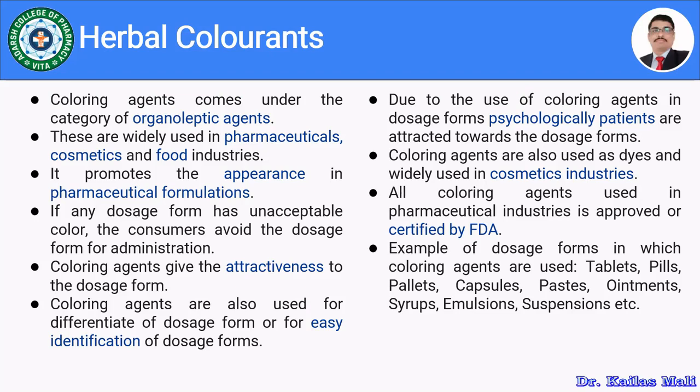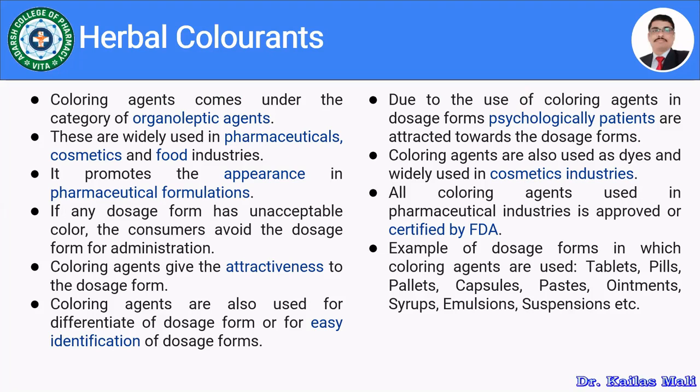These coloring agents are widely used in pharmaceuticals, cosmetics, as well as in the food industries. They promote the appearance of the dosage form. If any dosage form has an unacceptable color, consumers avoid the dosage form for administration.